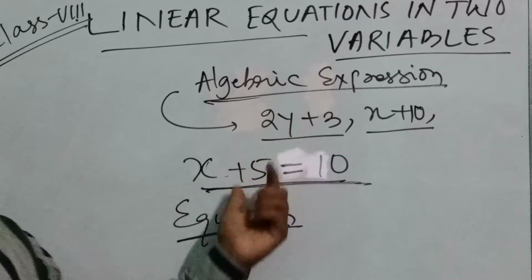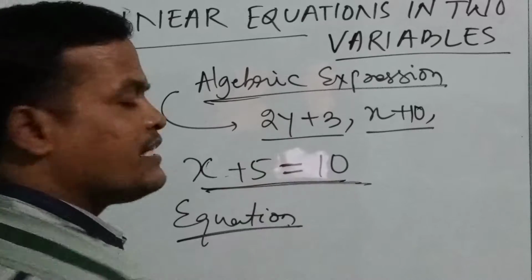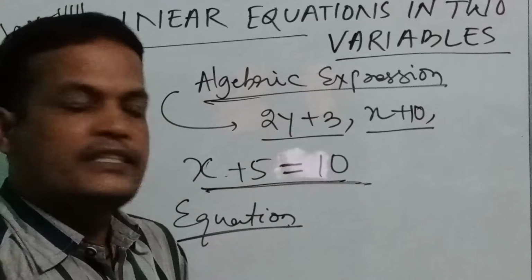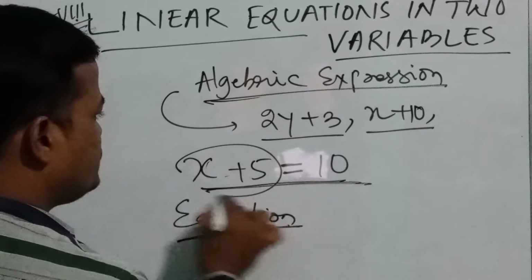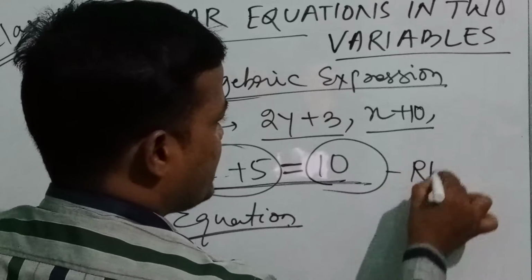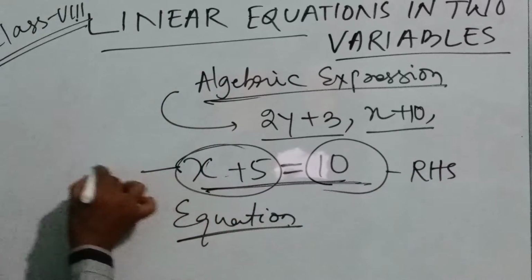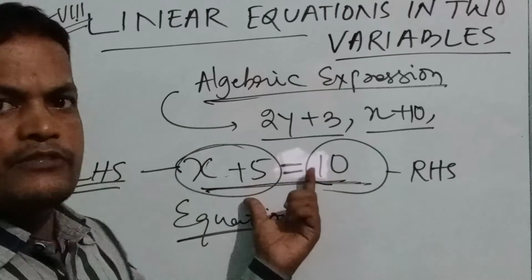Where these algebraic expressions are written in such a way that they have two parts with the equality sign between them, that is called an equation. In this case, this is one part, this is another part, called the right hand side and the left hand side. And the values are equal here.